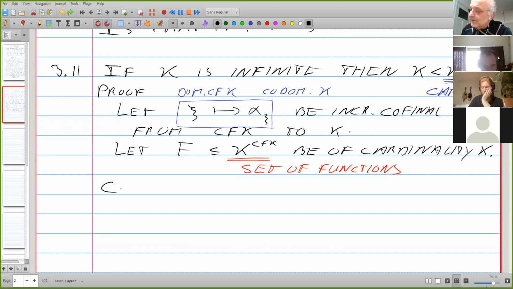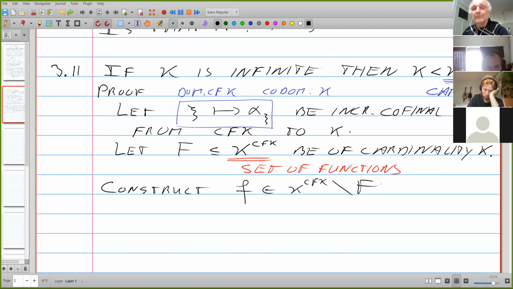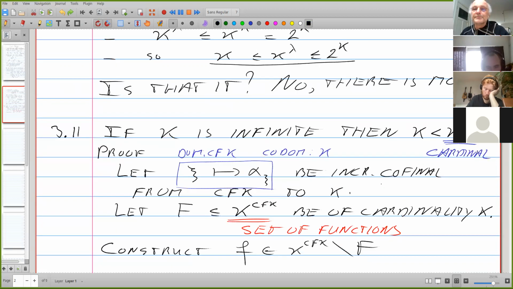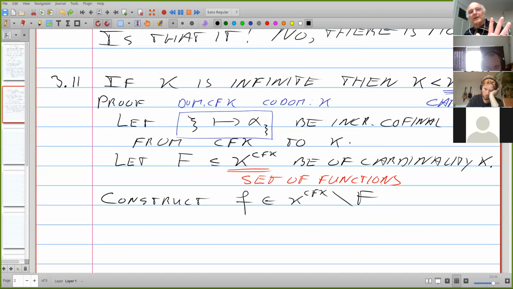We're going to construct a function that is not in the family F. Well, we have a family of functions of cardinality kappa, and we're going to show that it's not the whole thing.